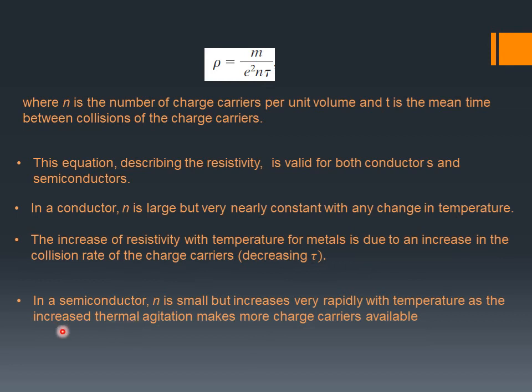With increasing temperature, the thermal agitation makes more charge carriers available. More electrons come out of their atoms and take part in the current, and as a result, n increases.